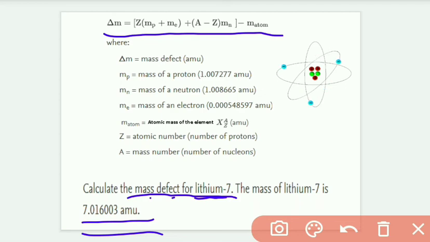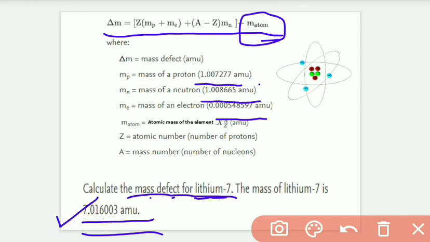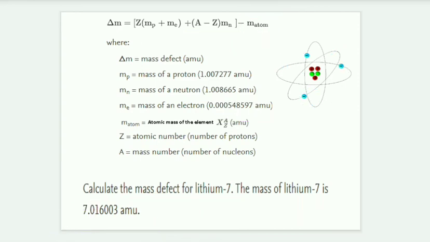You know the Z value of lithium, its atomic number, and the mass number is also known. Then the mass of proton is given, mass of neutron is given, mass of electron is also there. Then the delta M atom value is also given. So you have to calculate the mass defect of lithium.